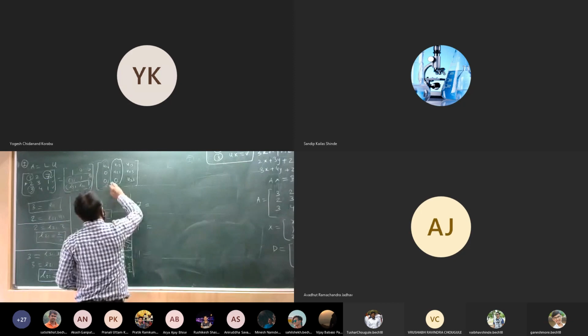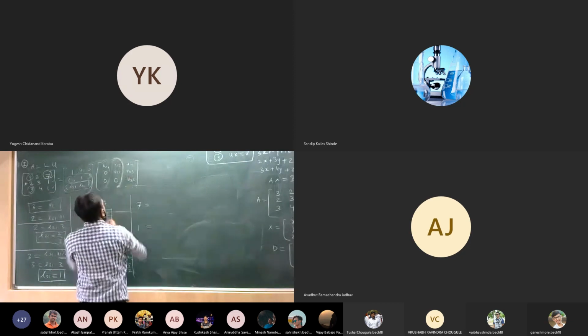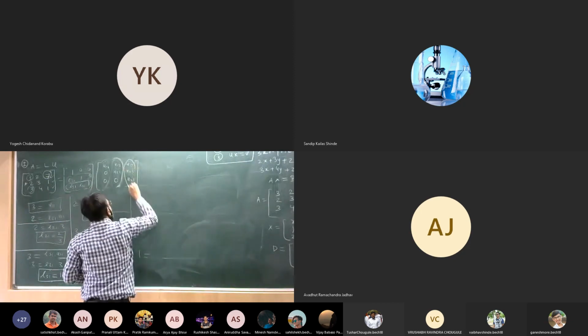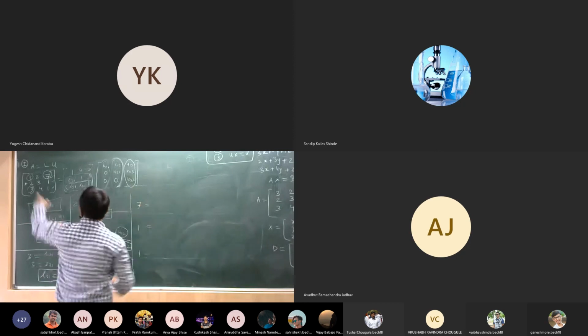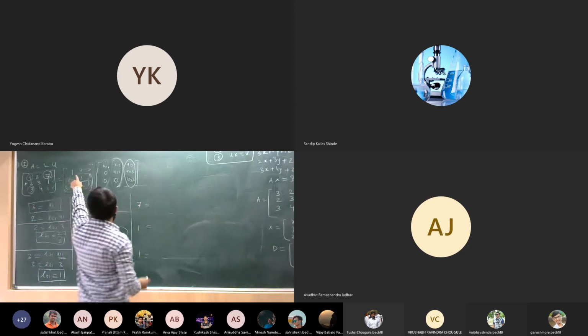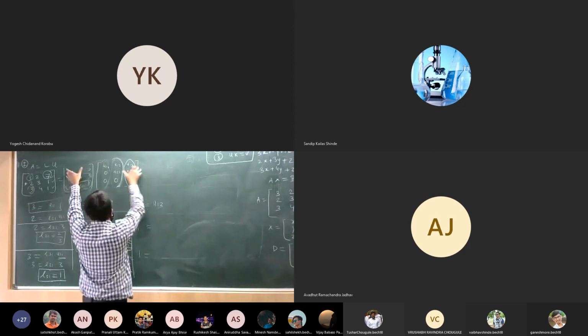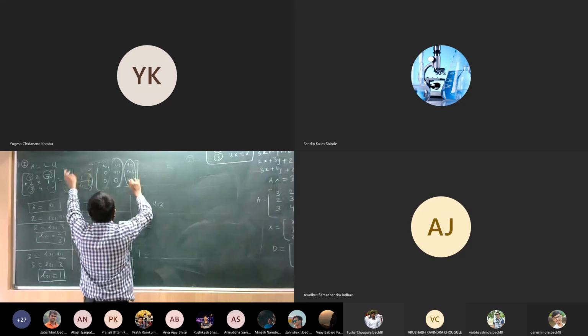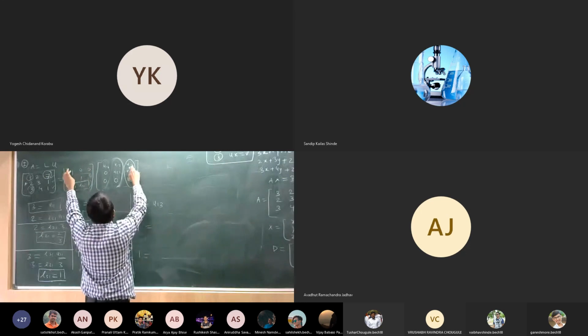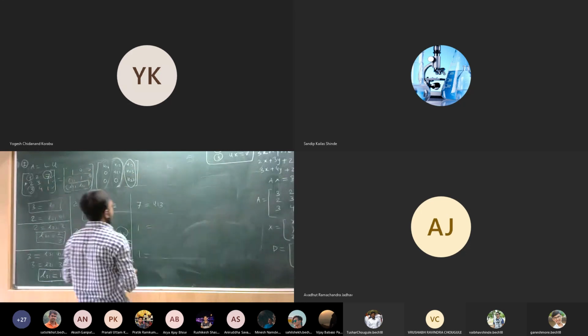Now we have to take this row, attached with 7 here. So 1 into U13, this row into this column: 1 into this, 0 into 0, 0 into this. So ultimately U13 into 1 is equal to 7.